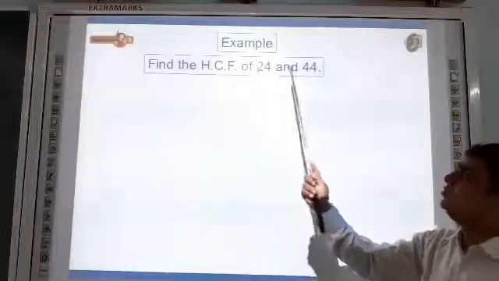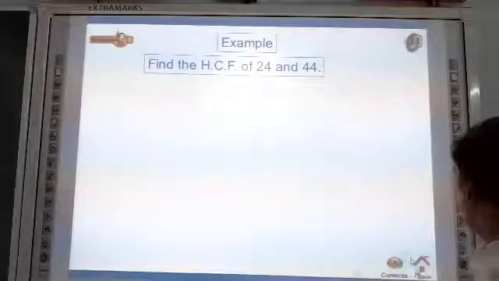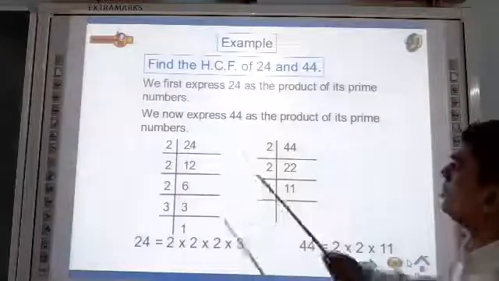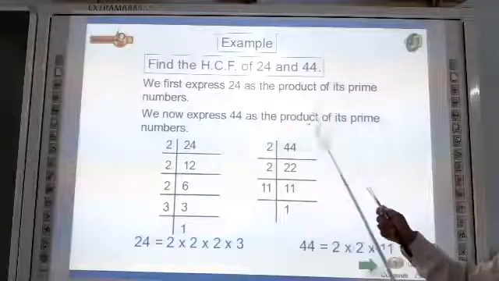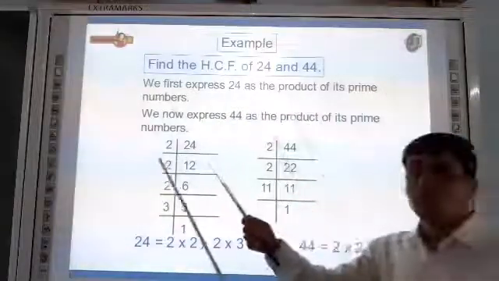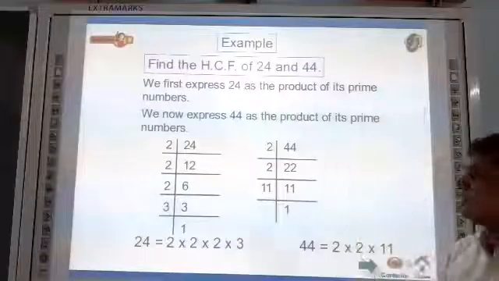Example, find the HCF of 24 and 44. We first express 24 as the product of its prime numbers. We now express 44 as the product of its prime numbers.